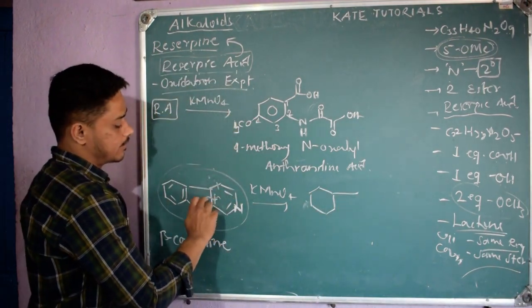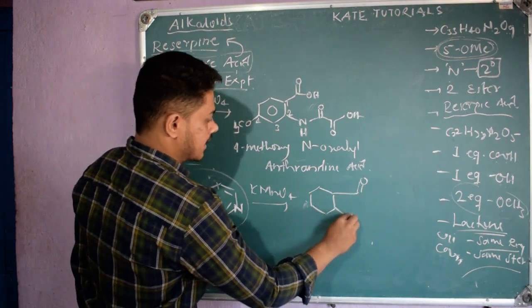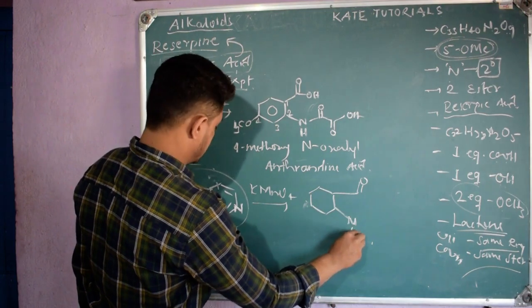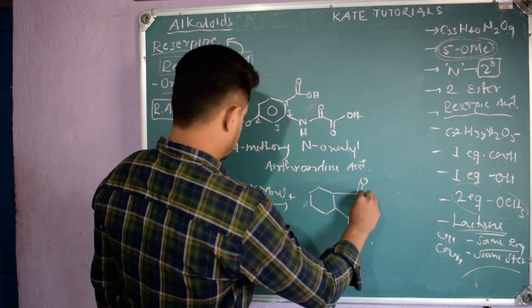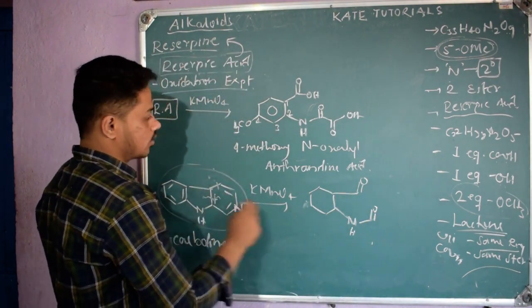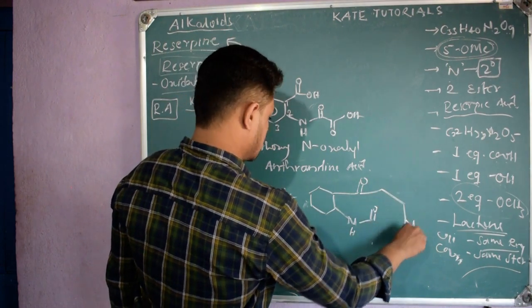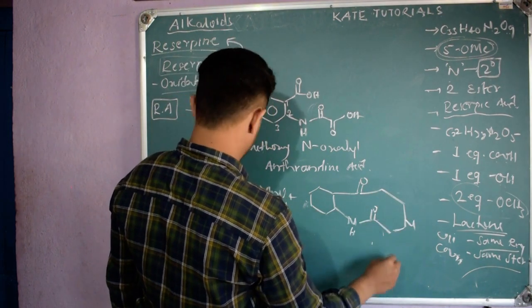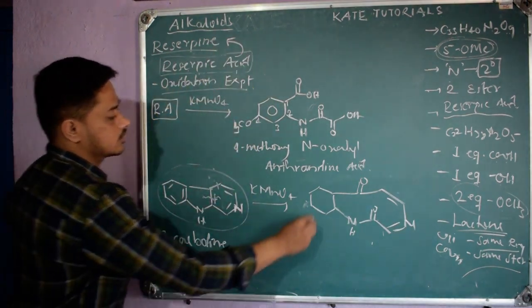So this pi bond I am going to break. So here I will get COO, and here NH, and again here COO, right? And other things, let me keep them as they are, right? Here COO means here I have got nitrogen here, like this, alright? So this compound they have.